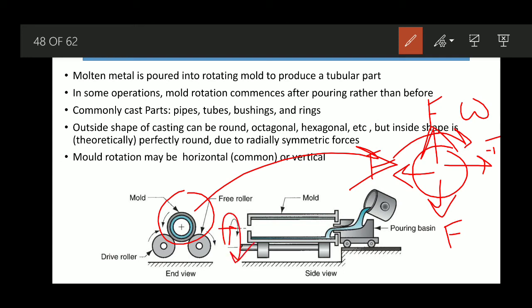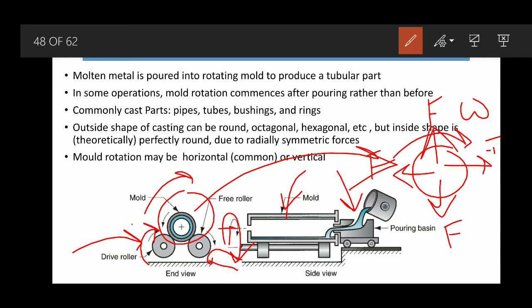Whenever the mold is rotating and we pour some molten metal in it, there is a provision with the help of some drive rollers. The cylindrical mold is in contact with these drive rollers, so the mold also rotates.